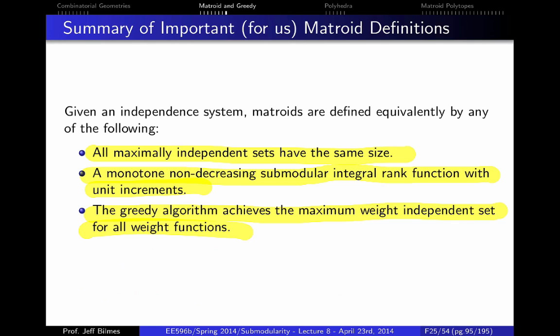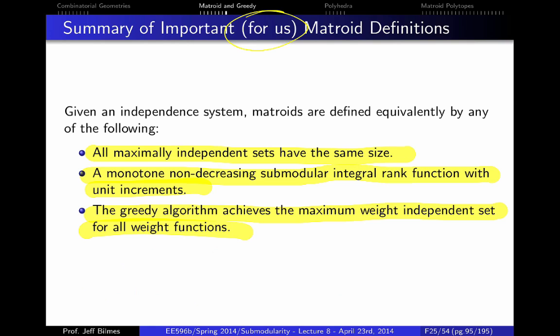Now there are lots of other ways of defining a matroid, but these are the ones that are important for us. Now, can anyone guess why they might be important for us? Because the essential part of any submodular function, namely the polymatroidal part, can be defined by essentially a set of exactly analogous ways as what we've defined a matroid.